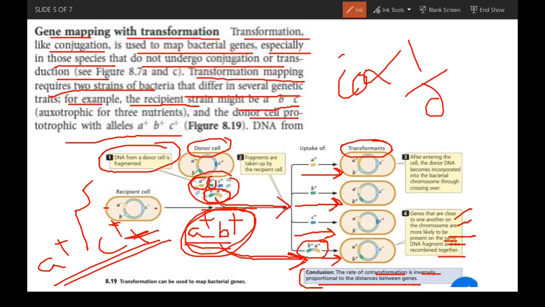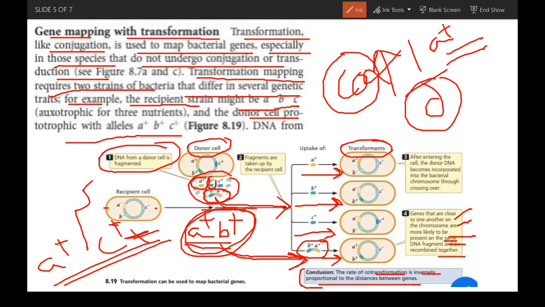So if two genes are being transferred together into a bacteria, that means high numbers of co-transformants are formed. That means there is low distance. The distance between those two genes is very low, right? If the two genes are being transferred together in high number, that means the distance between those two genes is low. That is, they are linked together.